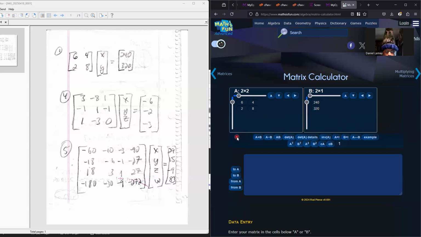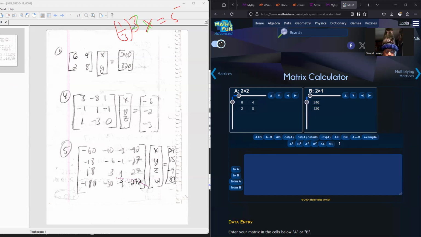Now, if you're watching one of my other videos, what we're going to do is the multiplicative inverse of that coefficient matrix. Remember, if you have an equation like 3x equals 5, what you're going to do is divide by 3. The reason dividing by 3 works is because when I multiply 1/3 times 3, I get 1, because 1 is the multiplicative identity.